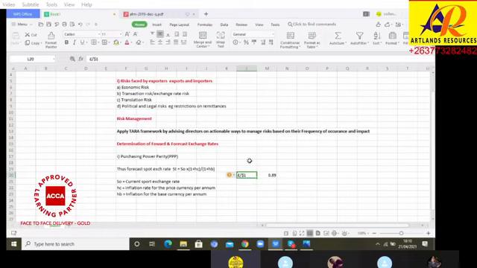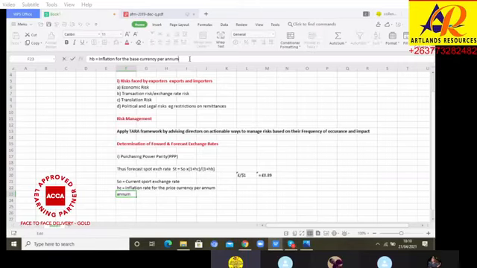Please pay attention. The pound is called the price currency because it is the currency which is pricing the dollar. So the dollar is called the base currency because it is the currency which is being priced. The base currency is the currency given as unit.